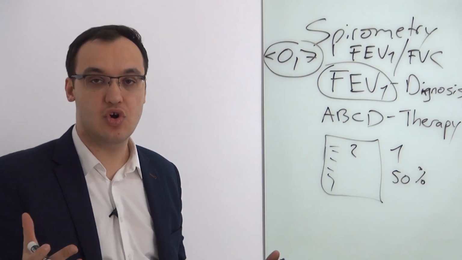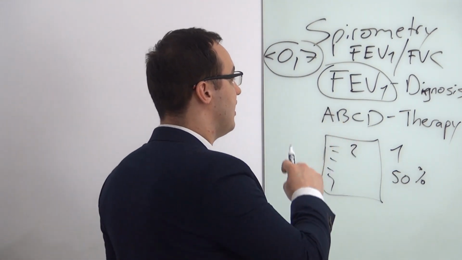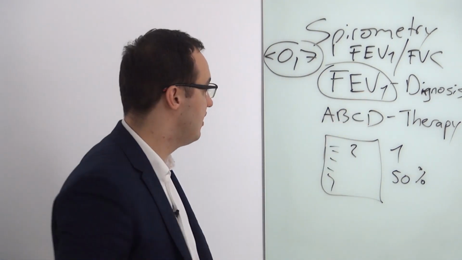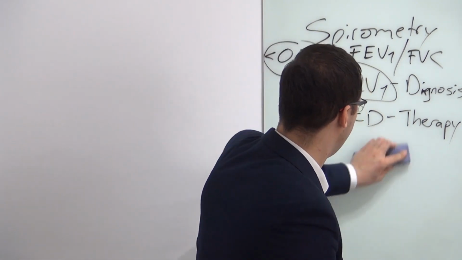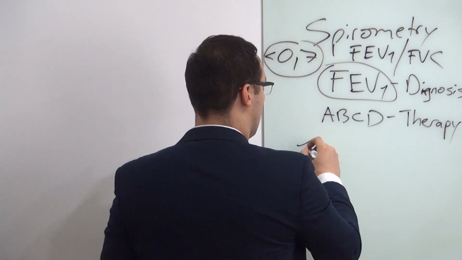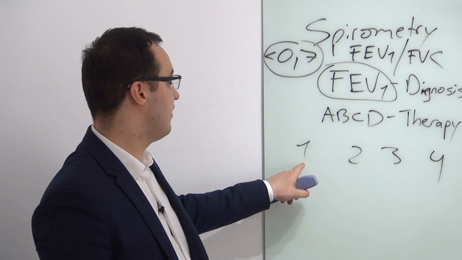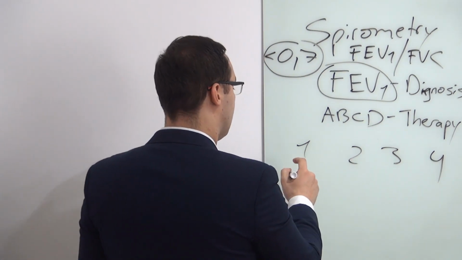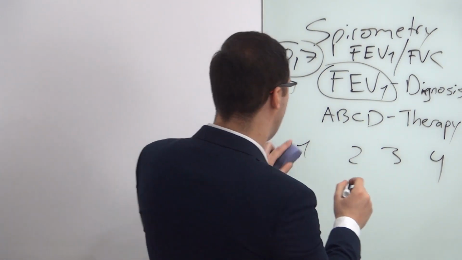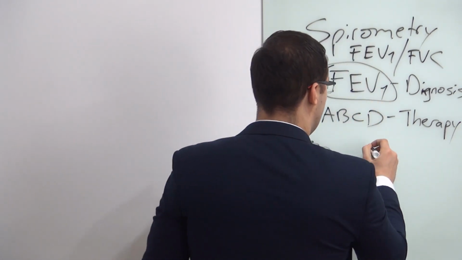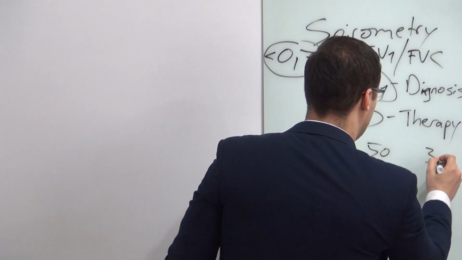And as we know, the GOLD classification of FEV1 is based on 4 types. So we have 1, 2, 3, 4 based on the percentages. We will write 3 numbers, 80, 50, and 30.